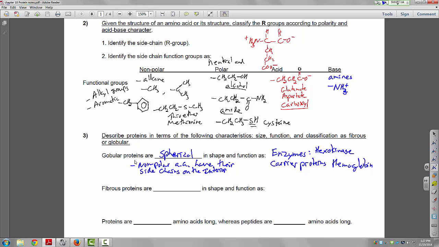So the nonpolar hydrophobic side chains are on the interior, and of course the polar and acidic and basic side chains are on the outside where they interact with H2O.